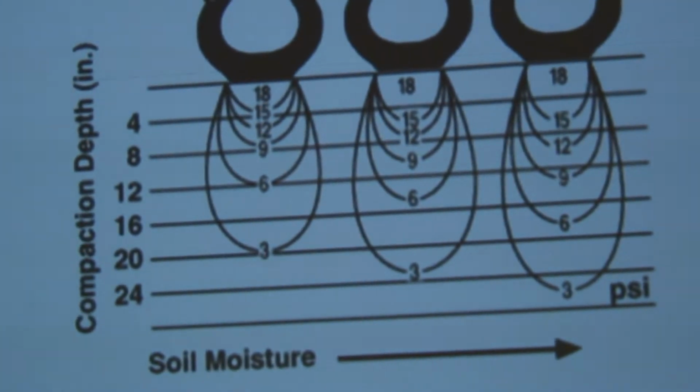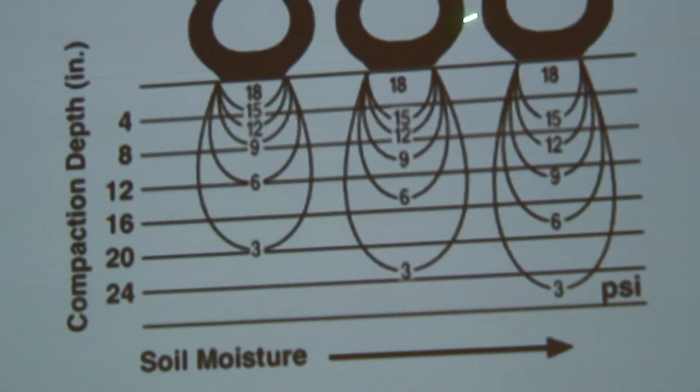The depth and the severity of the soil compaction can be increased by the machinery load. For example, when you increase the weight load of your machinery, you have a deeper impact on your soil, and the compact soil becomes deeper.